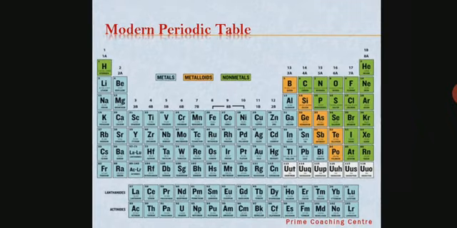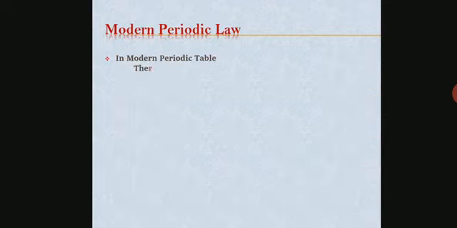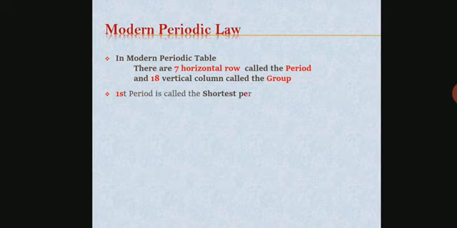There are various names given to the periods and groups. The first period, which consists of only 2 elements, hydrogen and helium, is called the shortest period.